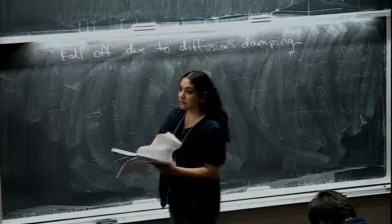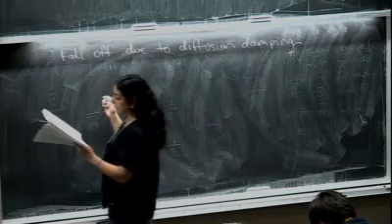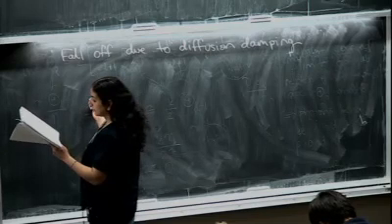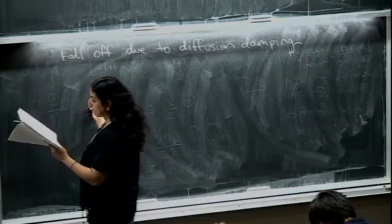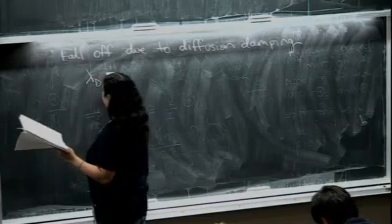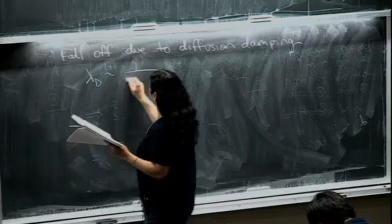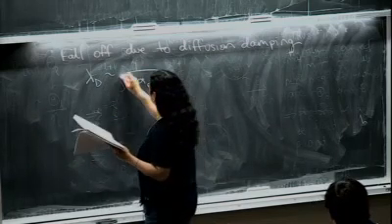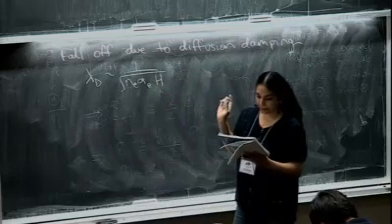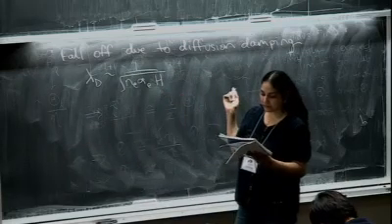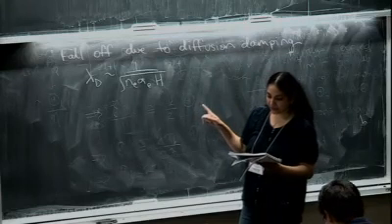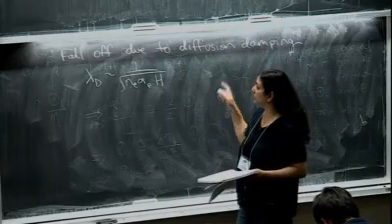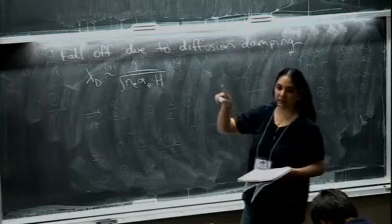And so that will be given by the distance that the photon travels, which is the mean free path times the total number of steps it can take.